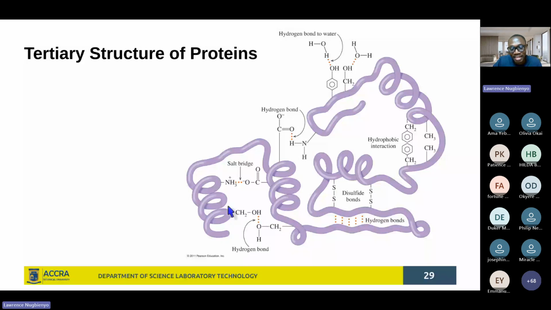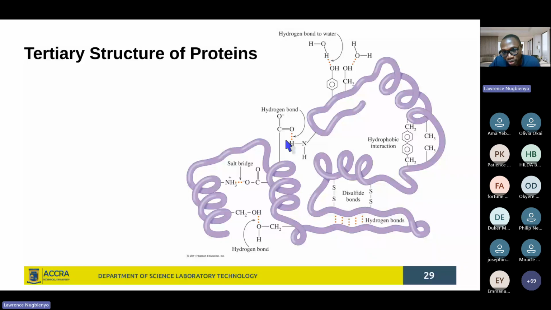In serine. We saw in serine, the side chain was CH2OH. So we see another CH2OH. So two serines can interact, and between them will be hydrogen bonding. That's the hydrogen from one of the hydroxyl groups and the oxygen from the second hydroxyl group. Between them, you can have such hydrogen bonding forming.